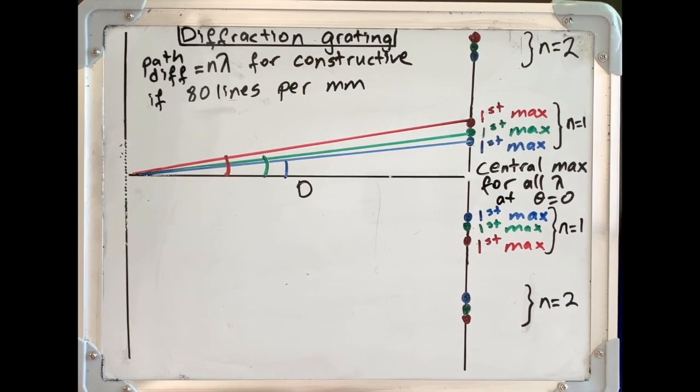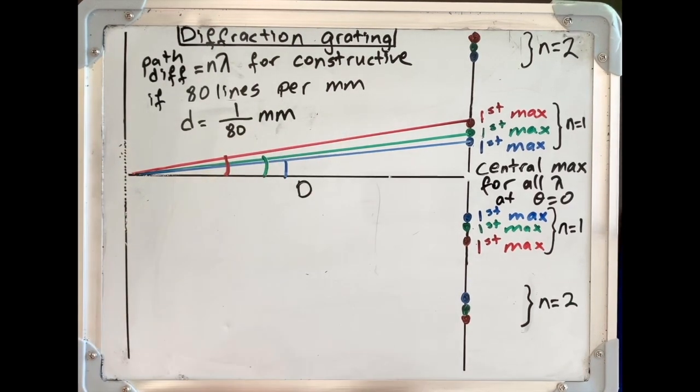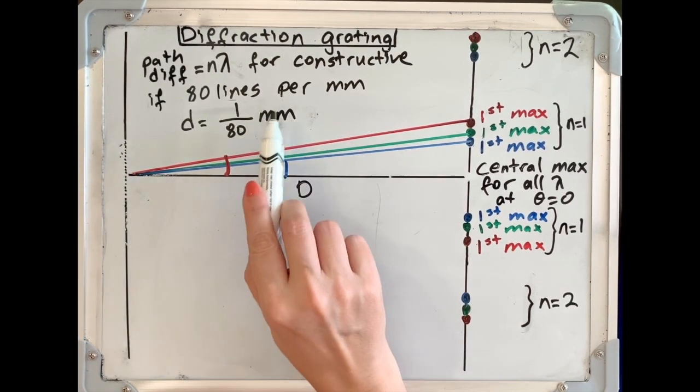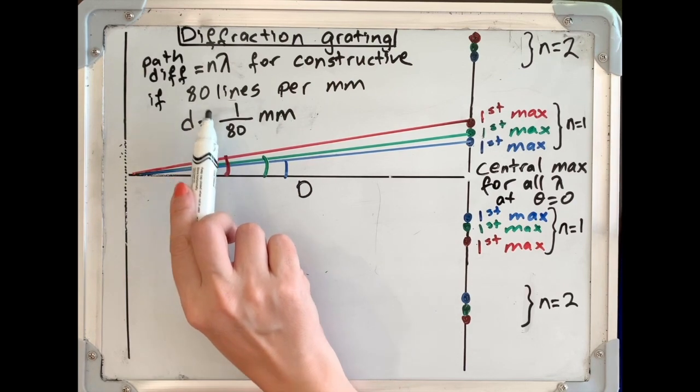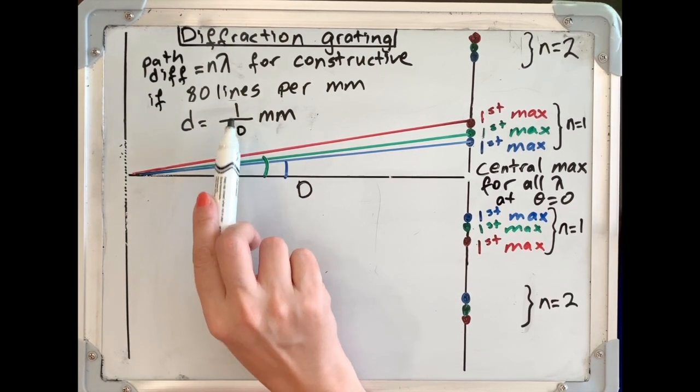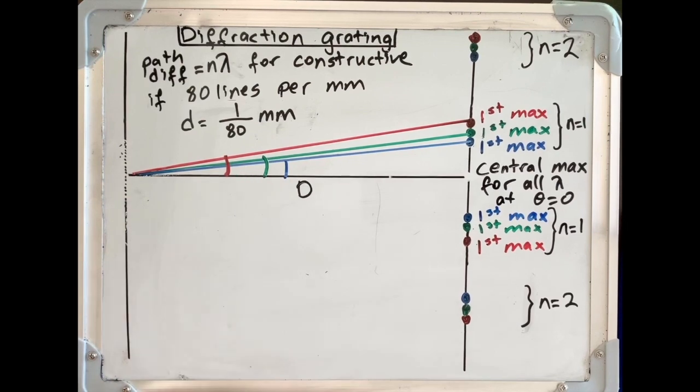So if there are 80 lines per millimeter on my diffraction grating, the separation of consecutive slits would be 1/80 millimeters, because each millimeter is divided into 80 sections. So the width of each section would be 1/80 millimeters. We need to write everything in SI units, so let's write this in meters.